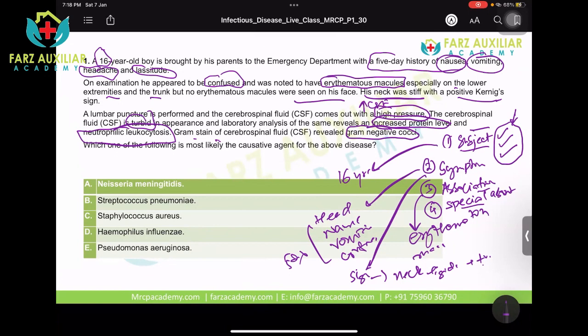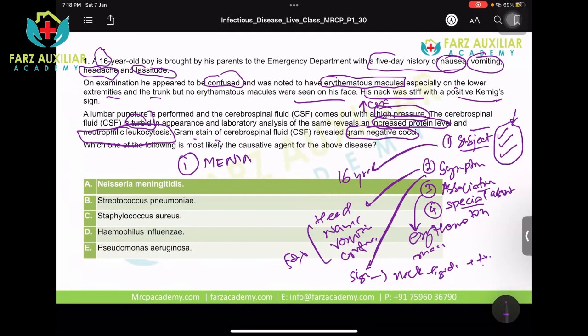Neisseria meningitidis. So how do you arrive at Neisseria meningitidis? Have we identified the disease? Yes, gram-negative cocci. So what is the diagnosis here? Meningitis. Wonderful.